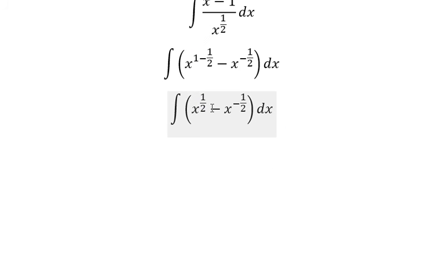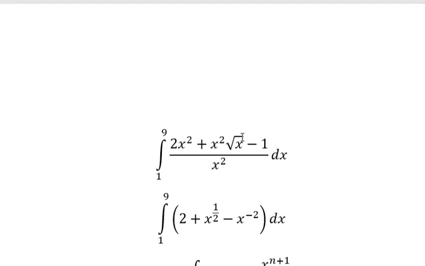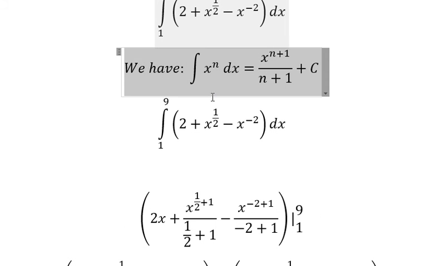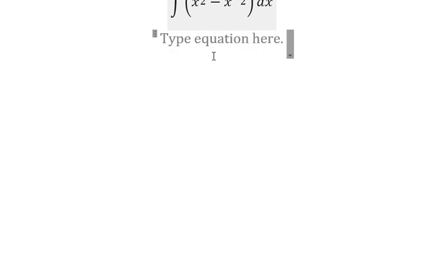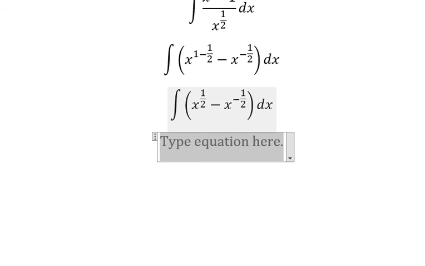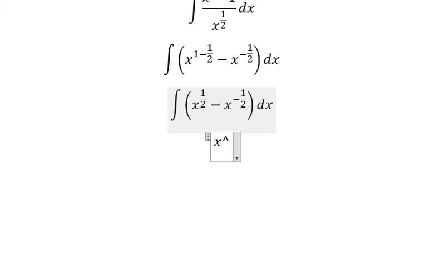The integration of this one, we will apply the same formula in here. So this one we will have x to the power of 1 over 2 plus 1, over 1 over 2 plus 1.